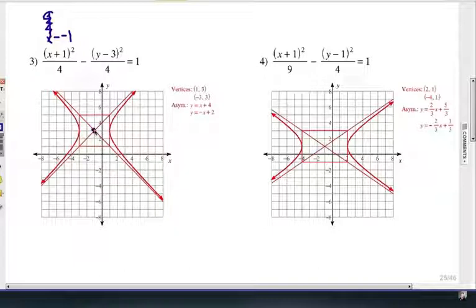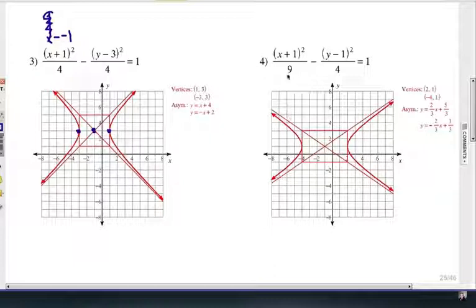The center is located at (negative 1, 3). Both the a and b values are 2, because that's 2 squared. So you go 2 to the right and left, 2 up and down, and draw your square. The diagonals are your asymptotes, and remember the vertex right here is where you draw your curve. So number 3 looks like that.